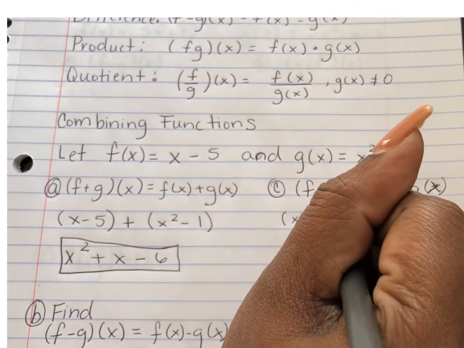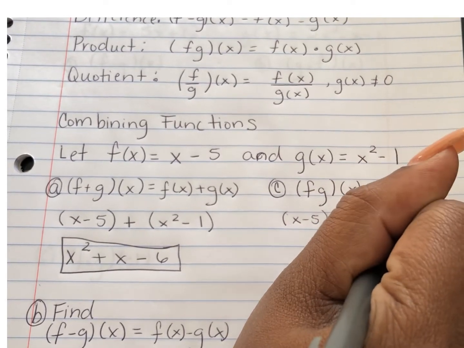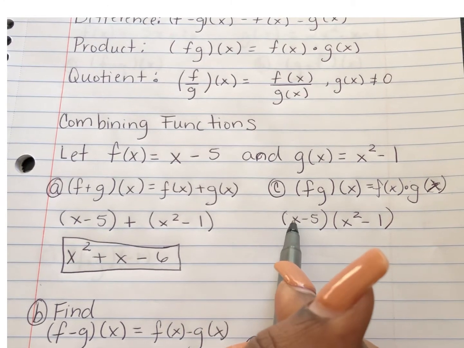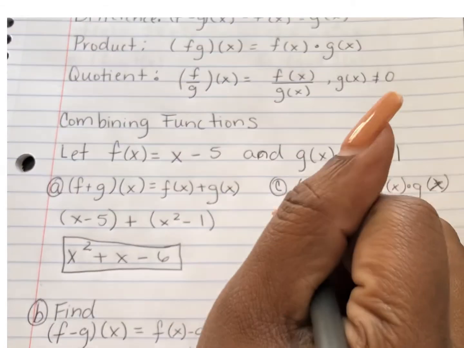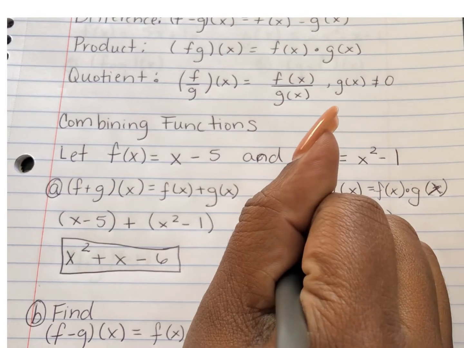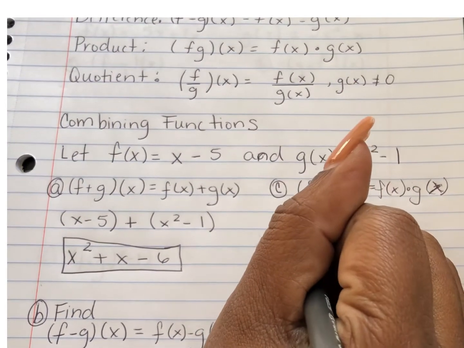And for g of x, we have x squared minus 1. And multiply. First, we'll distribute x to everything. So we have x times x squared is x cubed. X times minus 1 would be minus x.